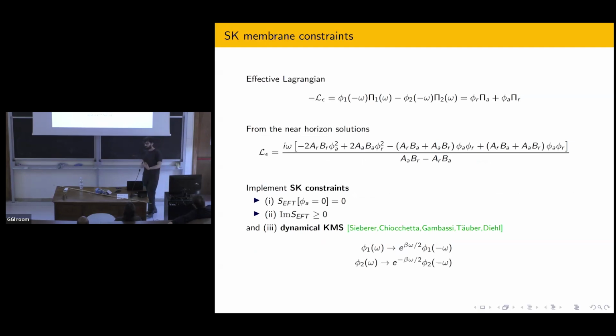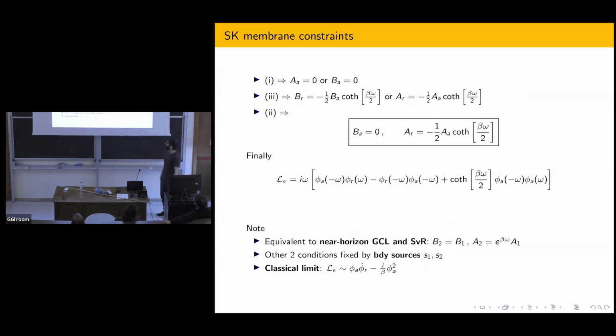Then I want to implement on this effective action the Schwinger-Keldysh constraints that I showed in the beginning, which are supposed to hold in any effective field theory action. And so I will impose two unitarity constraints and the dynamical KMS condition exactly as we were instructed in quantum field theory. By choosing a particular value of theta, which is beta over 2, the dynamical KMS condition basically takes the form shown here. So I will impose this symmetry on the membrane Lagrangian, and the two unitarity constraints.